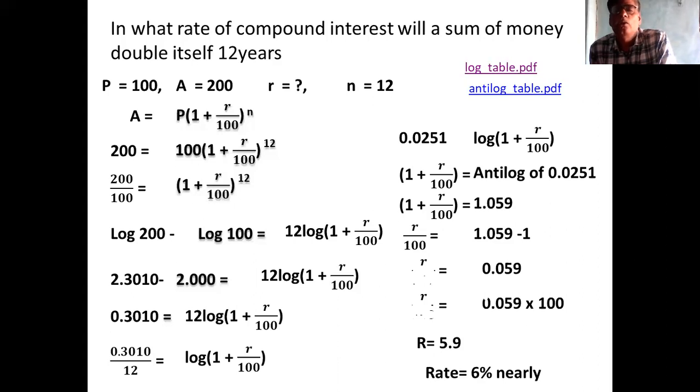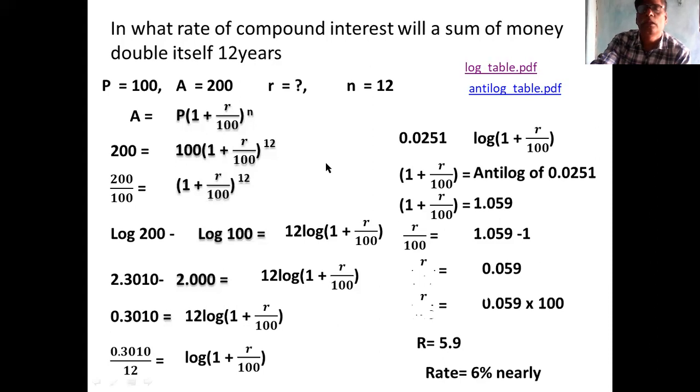Secondly, you calculate the principal value. Third, you calculate the period. And the fourth type is rate of interest. These are the basic things you remember relating to compound interest. Okay.